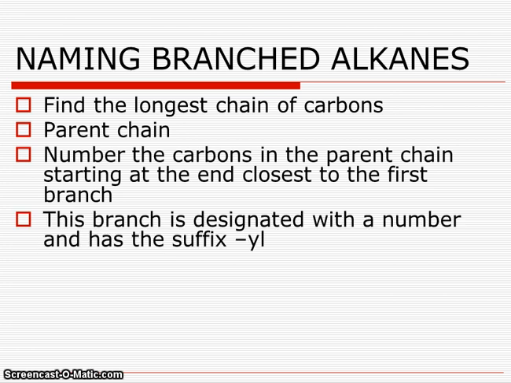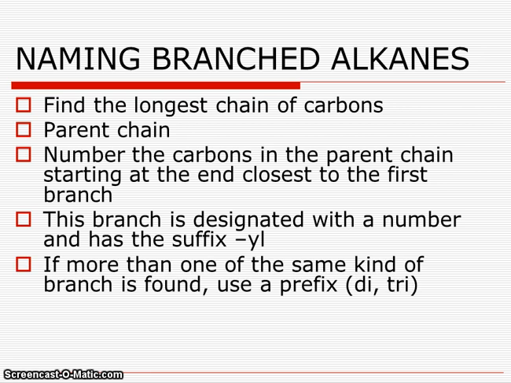Then we're going to decide how many carbon atoms are in the branch, use our prefixes, and this time the suffix for our branch is yl. Like if it's a methyl group, it's a branch with 1 carbon. Or if it's a butyl group, it's a branch with 4 carbons.